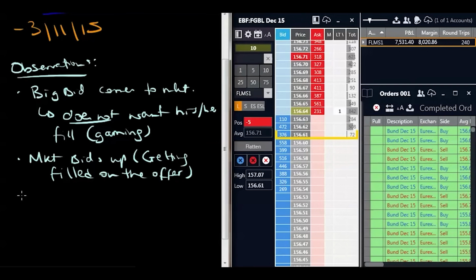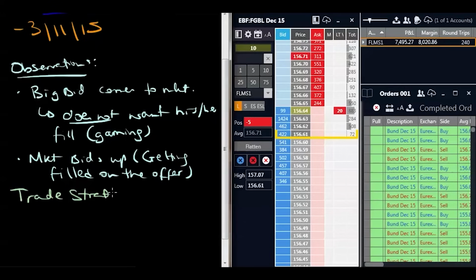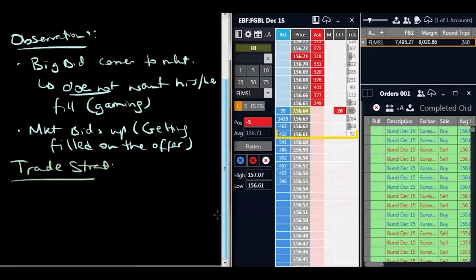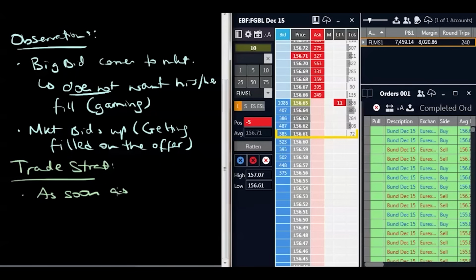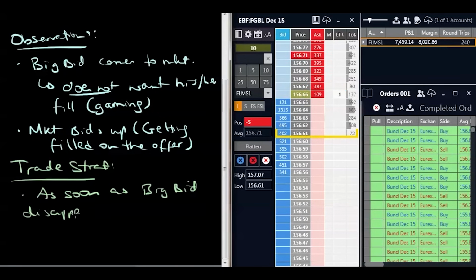And with that, the trade is, I mean, if we just highlight now, so if we just point out the trade, so as soon as the big bid disappears, we offered.